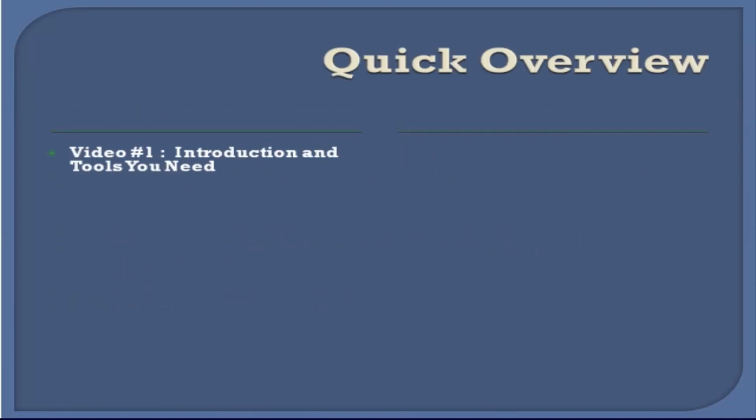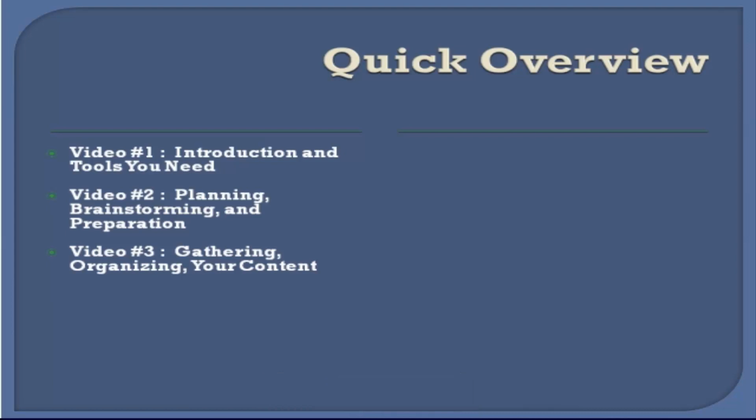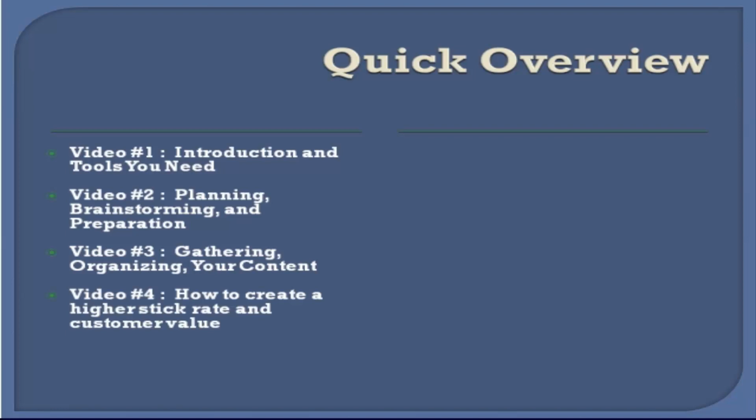Now what I want to do is give you a quick overview. This is video number 1, and in video number 2, I'm going to help you plan, brainstorm, and prepare for video number 3, which is where you gather all your content, and we organize that content so that it is ready to be uploaded. In video number 4, I'm going to talk about how to create a higher stick rate and customer value.